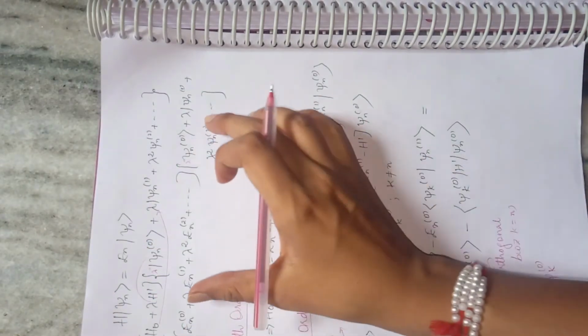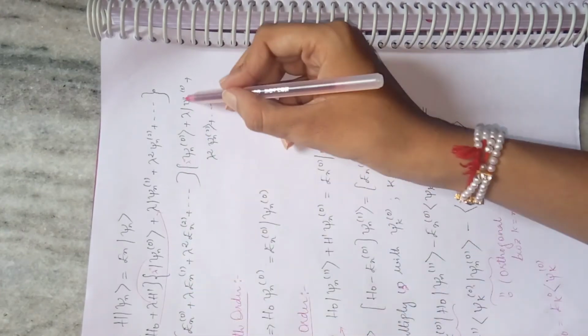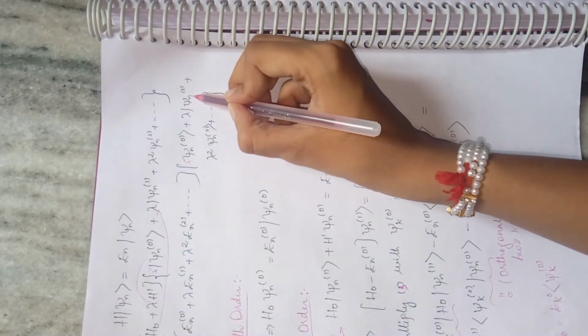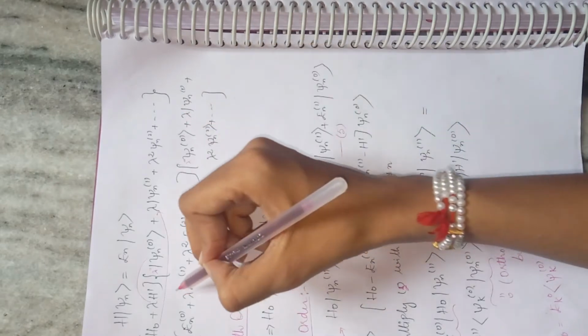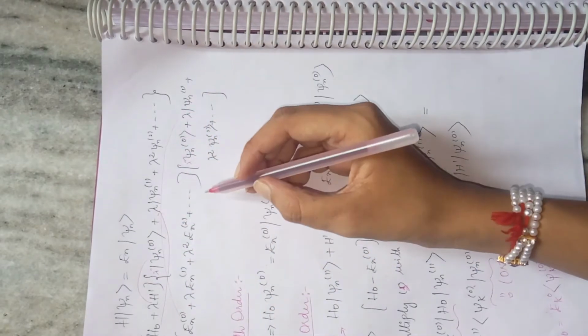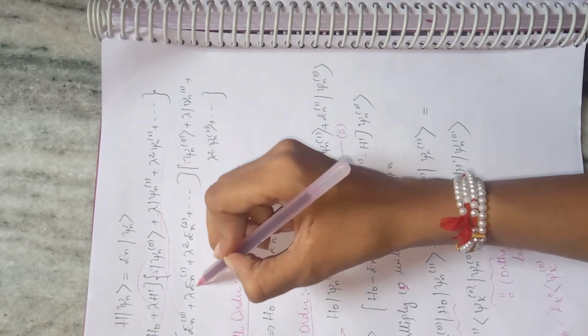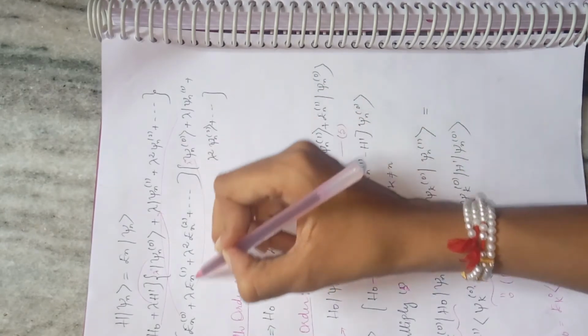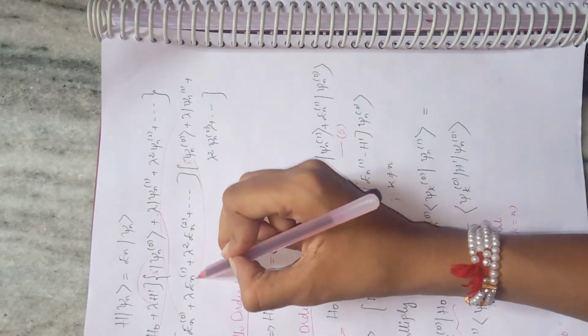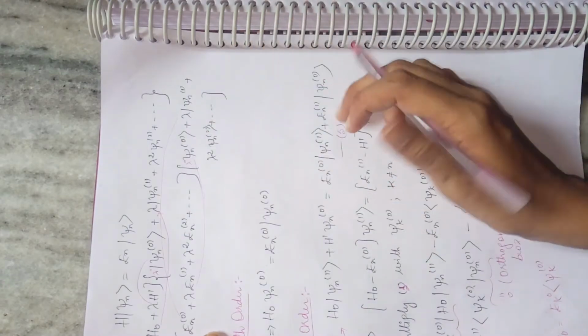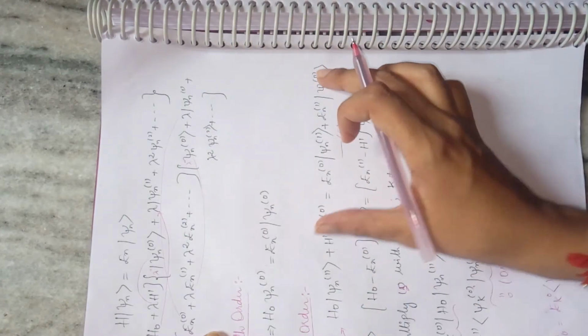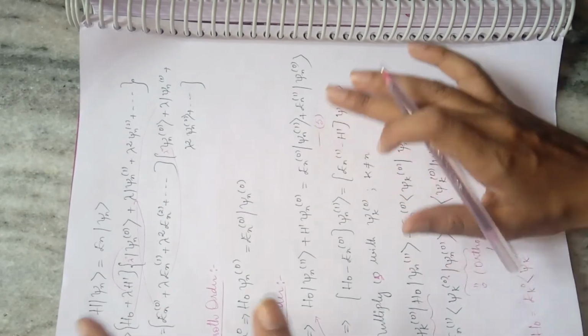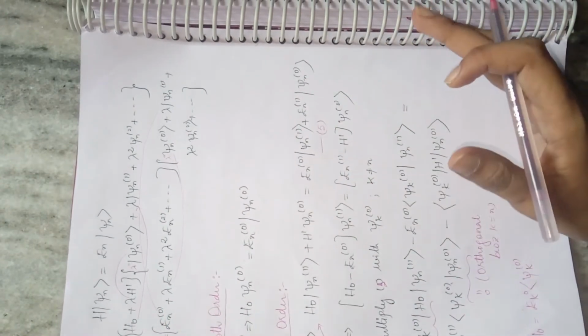Similarly multiply over here, E n naught into lambda psi n1, and here I'll get lambda power 1, so E n1 into psi n0. That is what I have written here, this fifth equation. No need of this, it was there in the book, but not required.